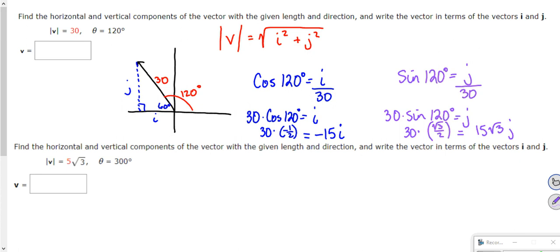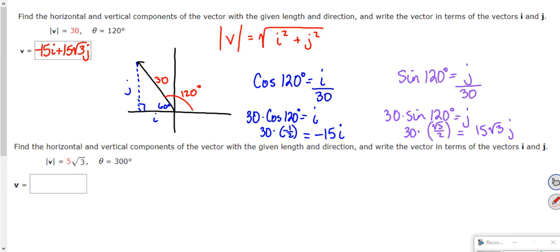When it says find the horizontal and vertical components, they literally want it in I and J form. So my final answer here would be -15I plus 15 √3J. That is your horizontal position, that is your vertical position.